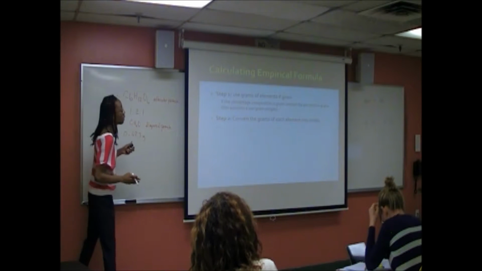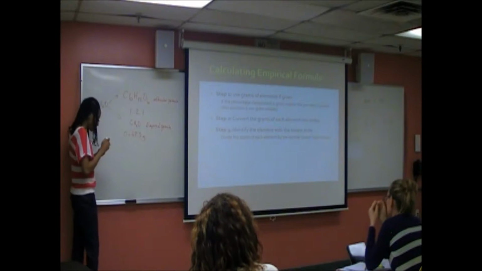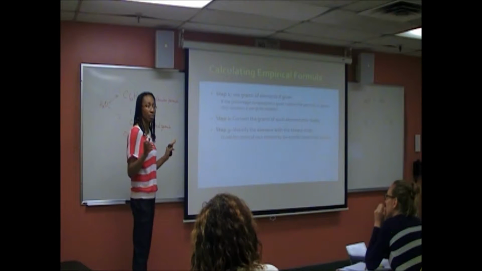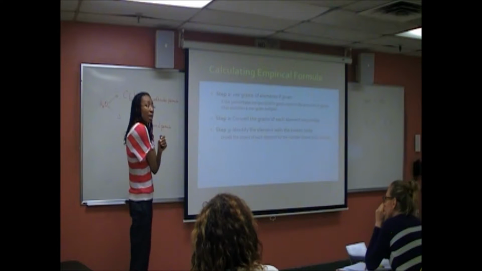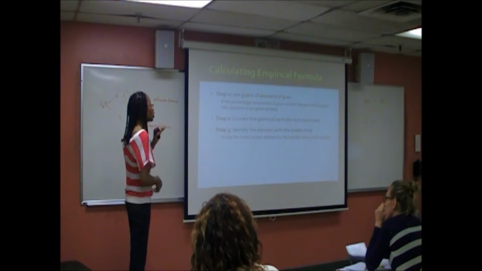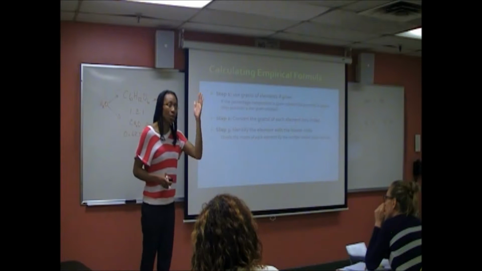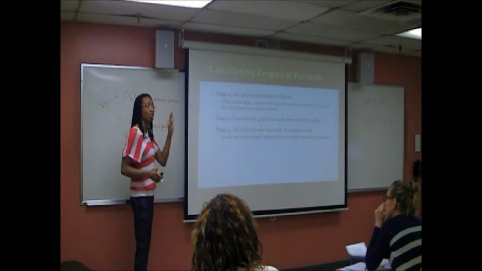Then you would identify which element has the lowest moles. Once you find that, you're going to divide everybody by the lowest moles, and that gives you your ratio.